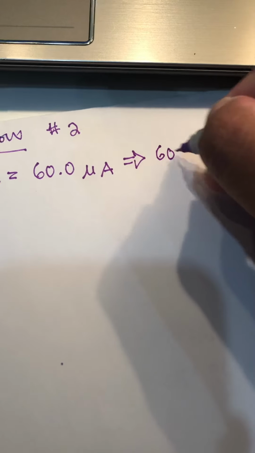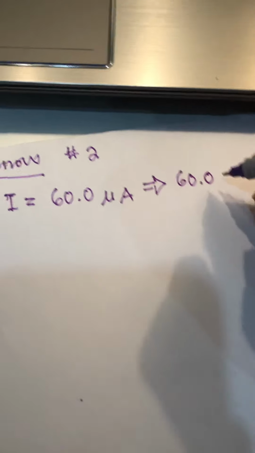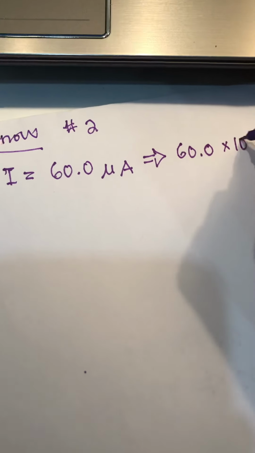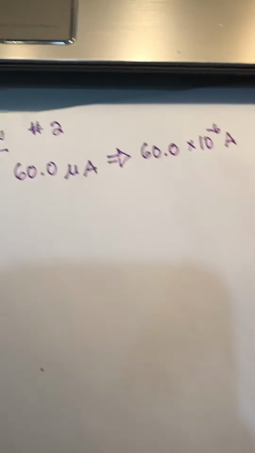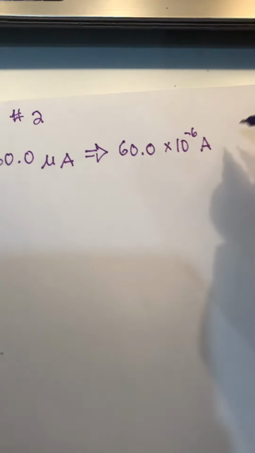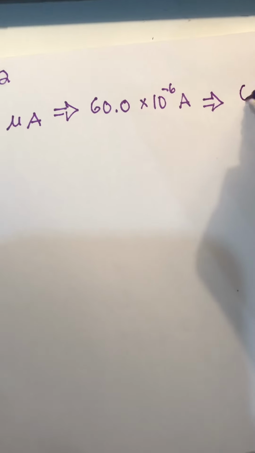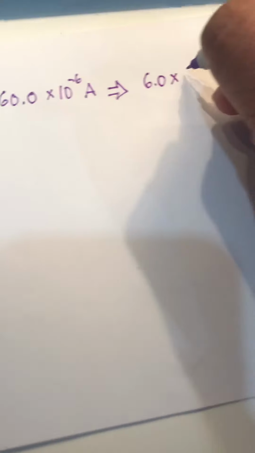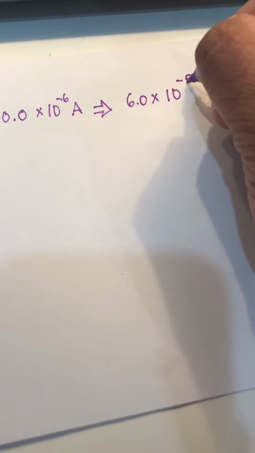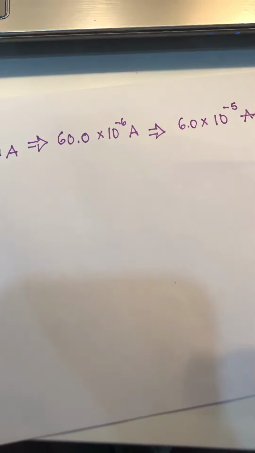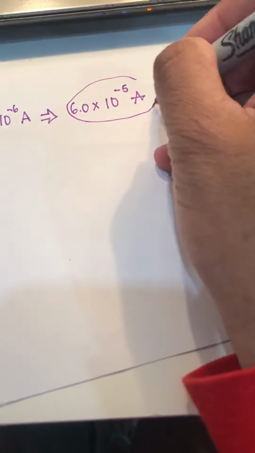So I'm going to change this to 60.0 times 10 to the negative 6 amps. I know you guys try to use this a lot, but I don't like keeping it like that because that's not the exact scientific notation. The proper scientific notation would be 6.0 times 10 to the negative 5 amps. So that's what I'm going to use in my equation.